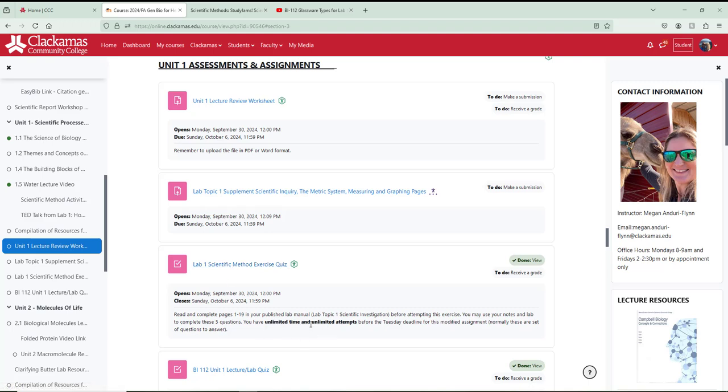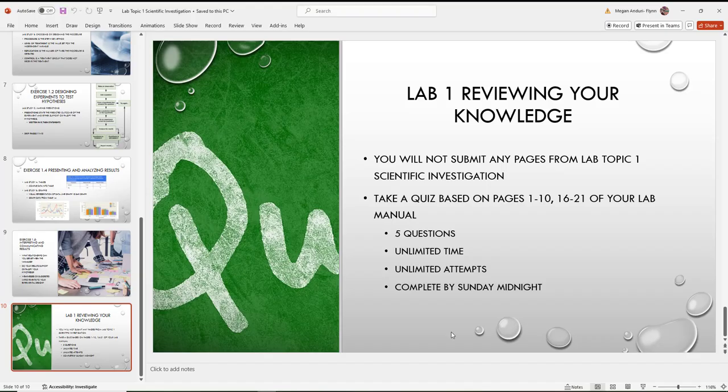It's unlimited time, unlimited attempts, so do it until you get 100%. Again, this quiz is based on pages 1 through 10 and 16 through 21 of your lab manual. I think the last couple pages are just questions, so that's why it just says to 19 on your lab manual.